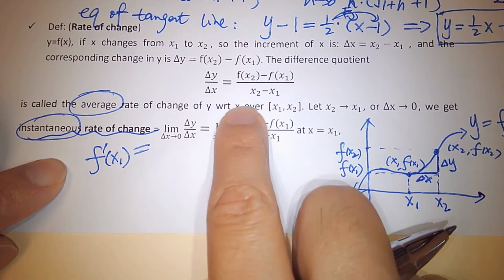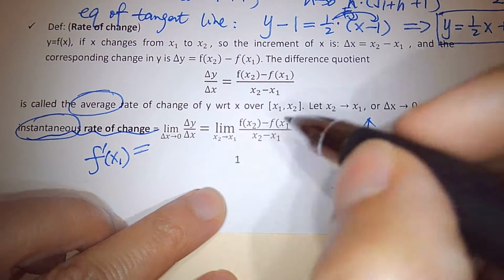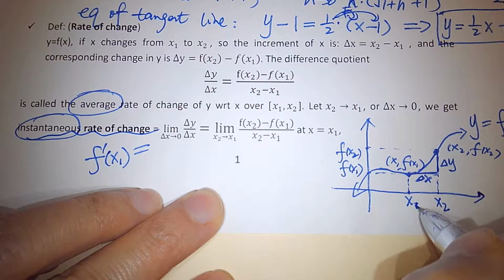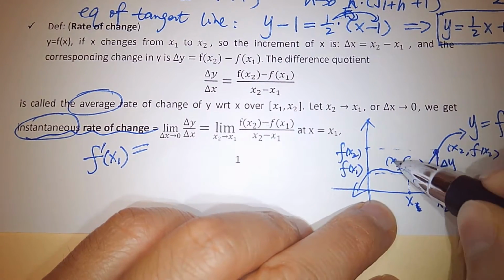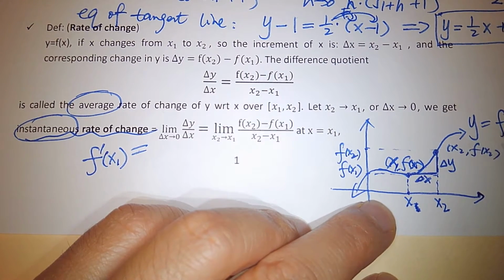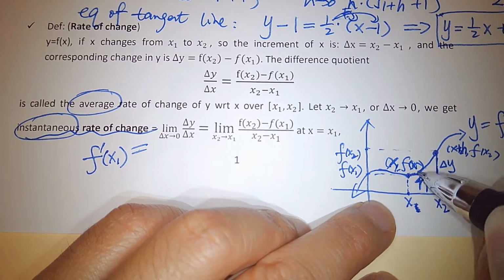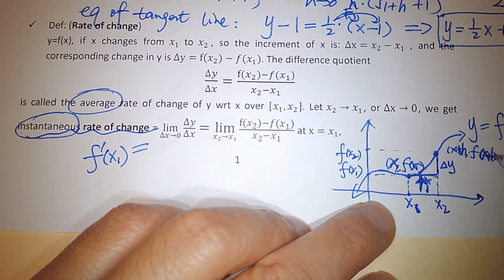Guys, if we rewrite this a little bit, say the first point we record is x, f of x. The second point is x plus h, where this is h, not delta x anymore. So this will be f of x plus h.